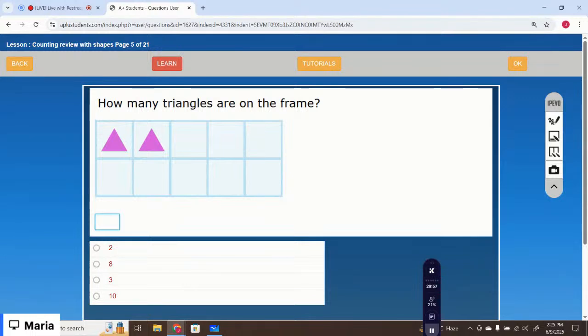How many triangles are on the plane? The correct option is two. Option number one is the correct option.